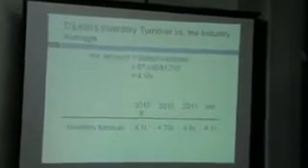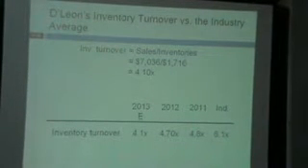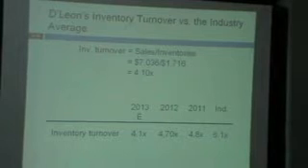Okay, now as far as the asset management ratios are concerned, one of the ratios that is useful is inventory turnover. Inventory turnover shows us the number of times inventory is converted into sales.